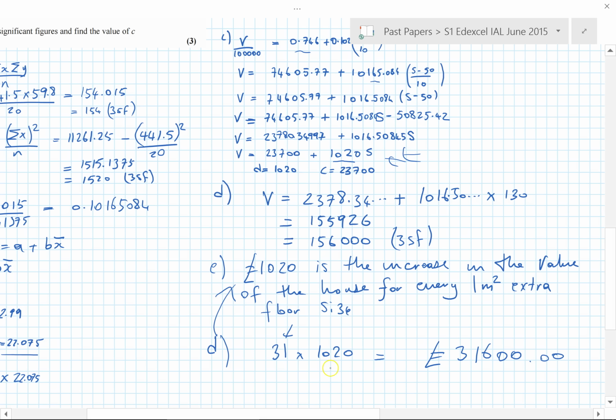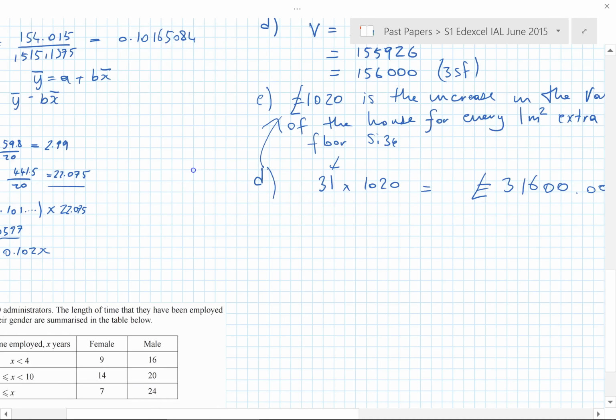If I use the original number rather than the 1020, okay, so that's the answer to that one.